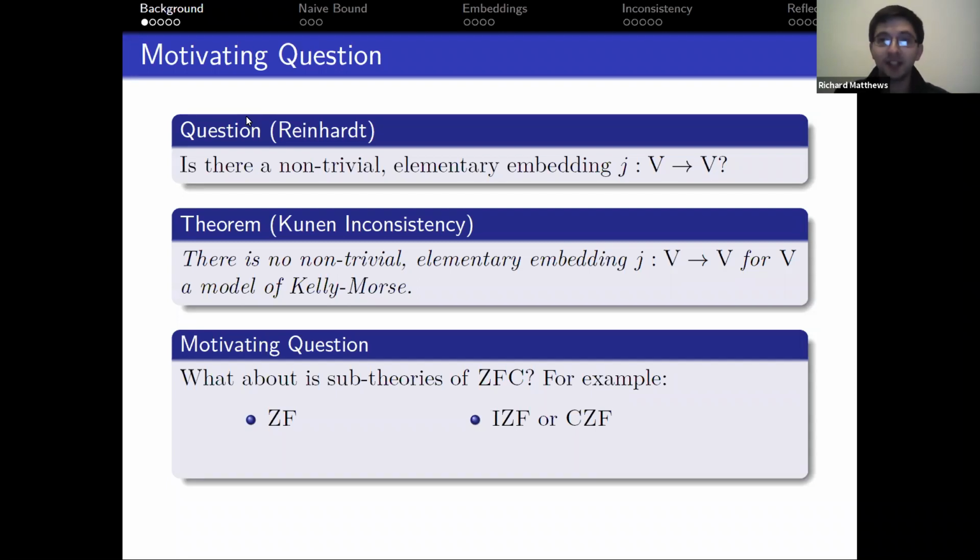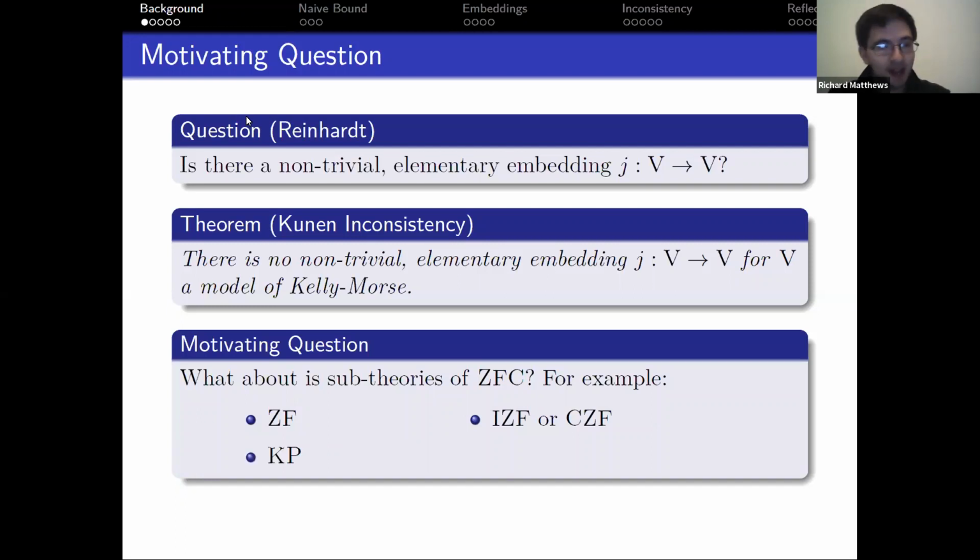In this case, it's really horrible and quite difficult to work out what the question means, because being non-trivial doesn't mean that you're going to move an ordinal. And even if there is some alpha such that alpha is not equal to j(alpha), then because the ordinals aren't linearly ordered, this doesn't mean that I'll actually have an alpha such that alpha is an element of j(alpha). So don't look at the question intuitionistically.